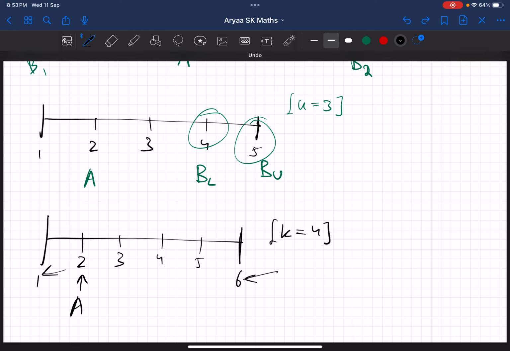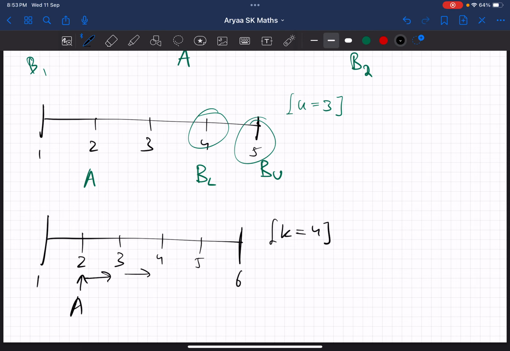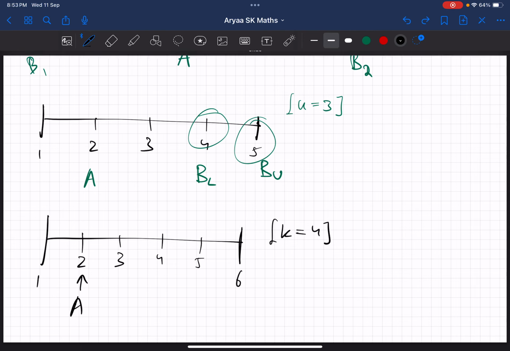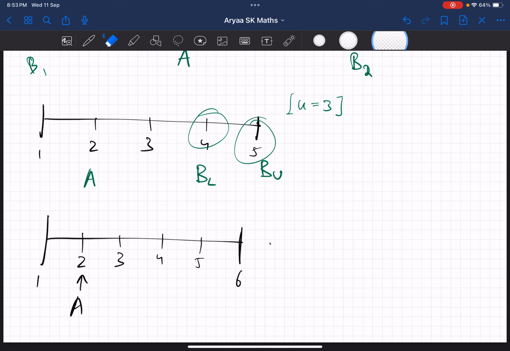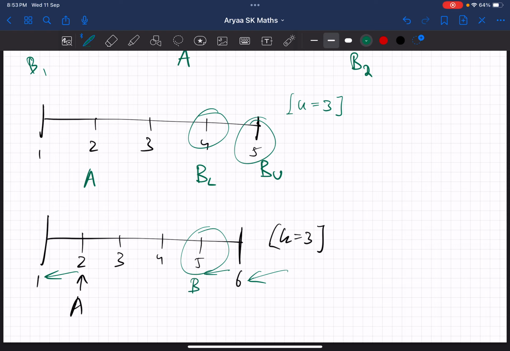Oh, one second. 1, 2, 3. Okay, let's have K as 3. That'll give us the case I'm trying to illustrate. So when K is 3, we're going to have the lower, when we go to the left, 1, 2, 3. B lower is going to end up at 5, and B upper is also going to end up at 5.